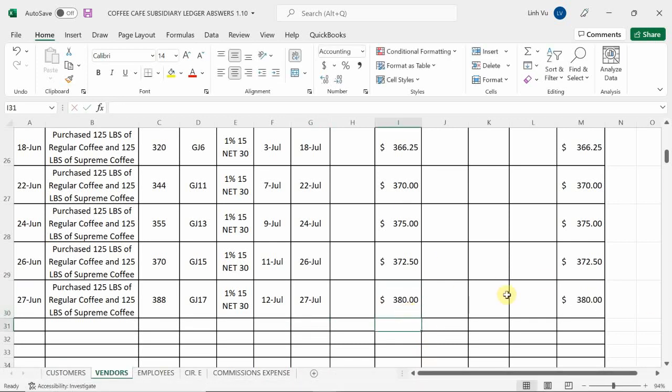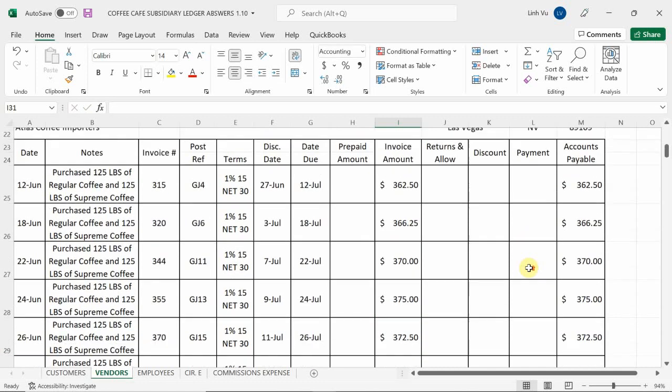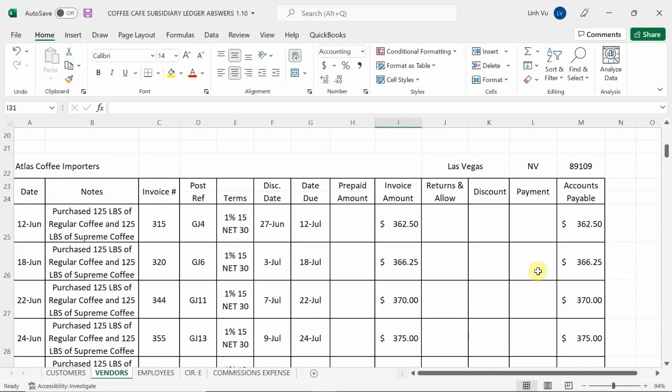And I owe $380. Okay. So we haven't paid any of them yet because none of them were due, except for if we want the discount, we would have to pay this one here. But this one, again, we have until July to pay all of these amounts. So in this case, we're pretty good to go. We don't have to make a payment until July.